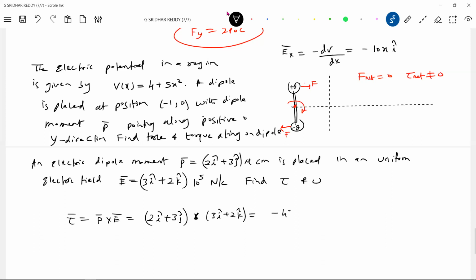So minus 4 j cap. Then j cross i will be minus k. i cross j will be k. Similarly, j cross k will be i. So this will be plus 6i. So the torque will be plus 6i cap minus 4j cap minus 9k cap.